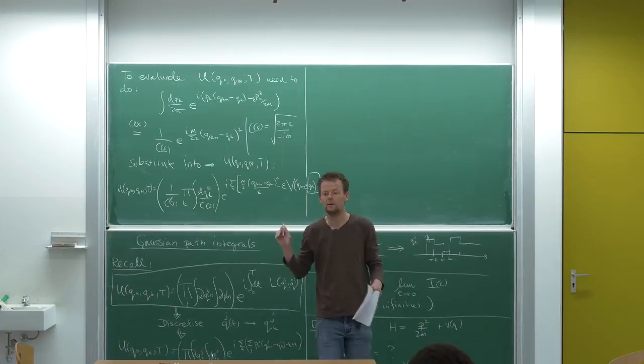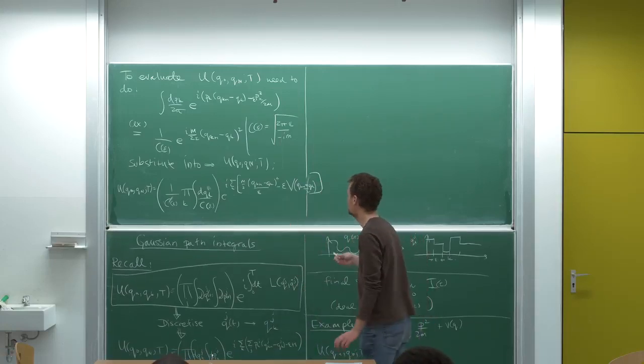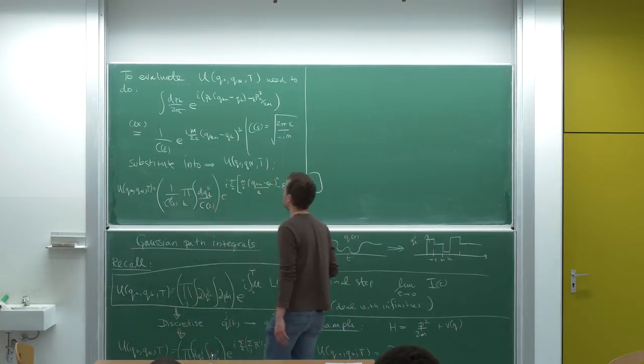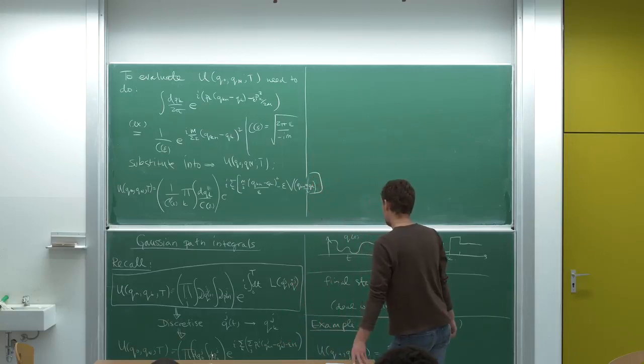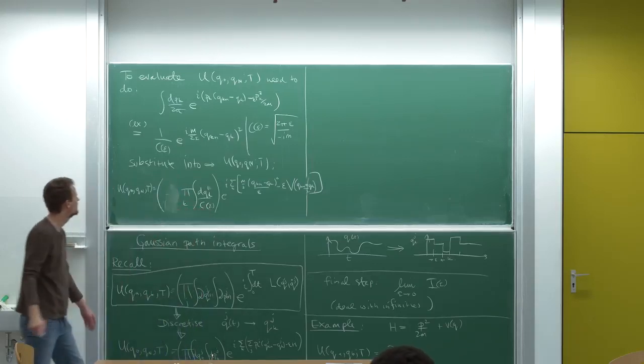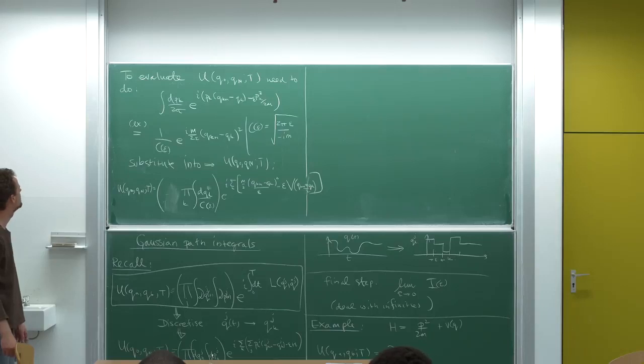Yep. How do you get the two constants C of epsilon? The question is, how do I get the two constants here? There's this one and this one here. That's a good question. Looking at it now, I don't see why I have this constant at the front at all. I guess I just miswrote it.